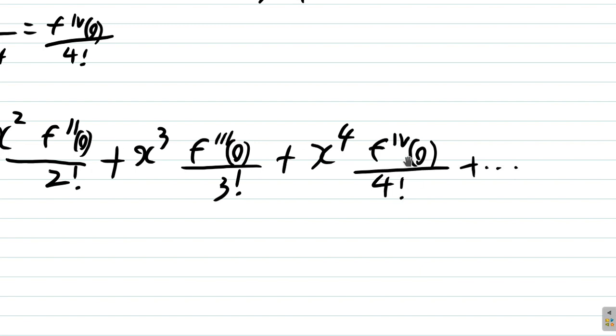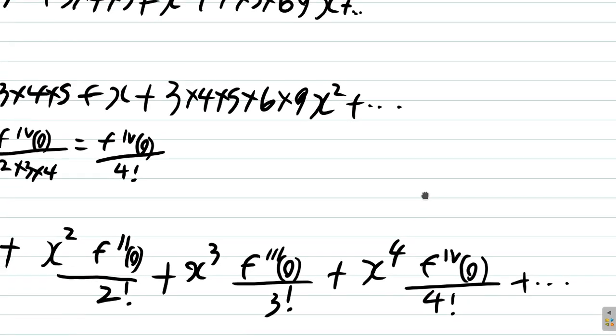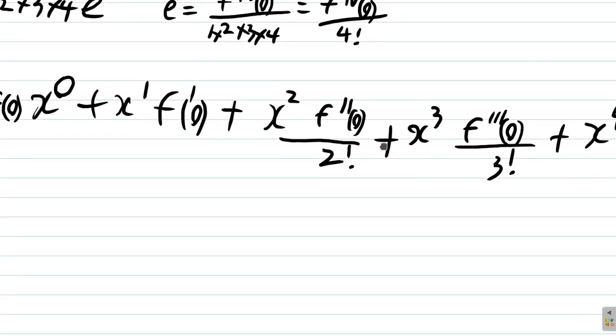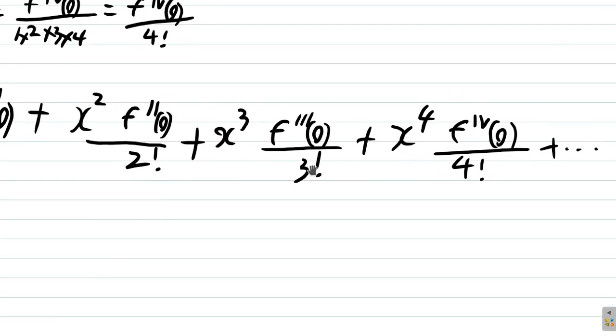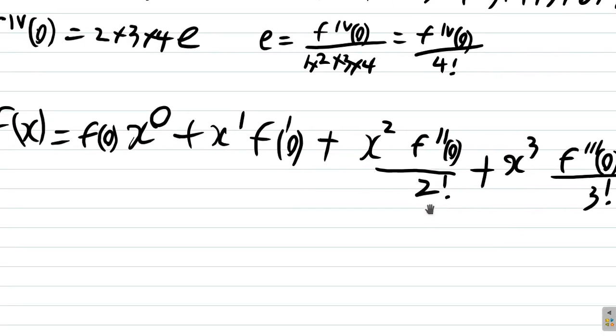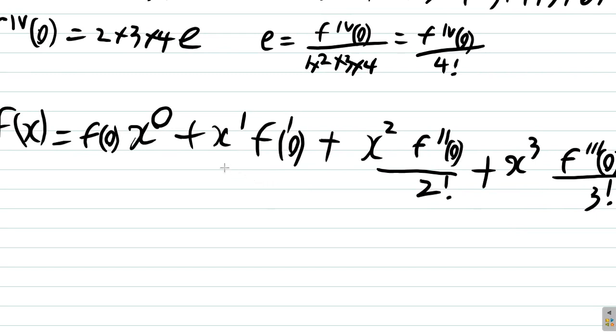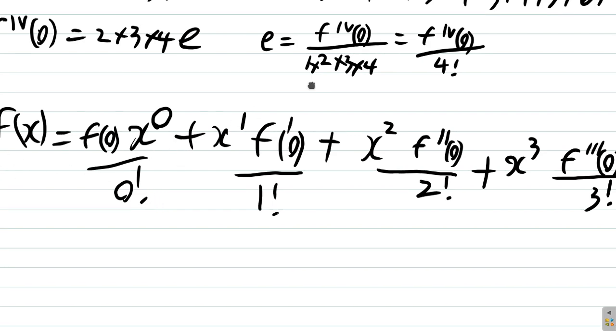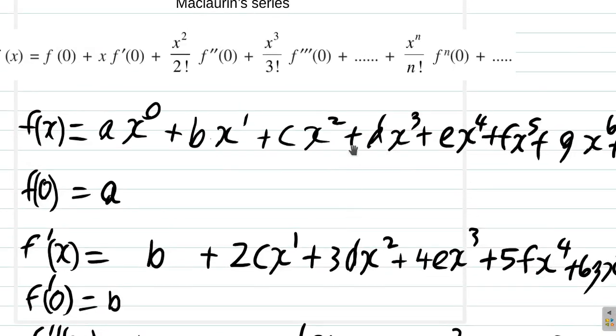Now, here we have 4 factorial, 3 factorial, 2 factorial. So by pattern, this is 1 factorial and this will be 0 factorial. Aha, so there we go.